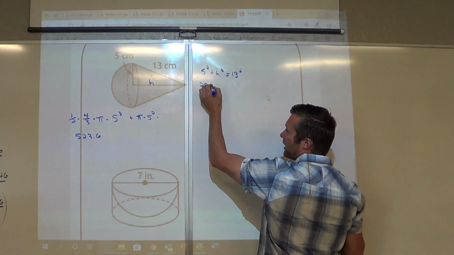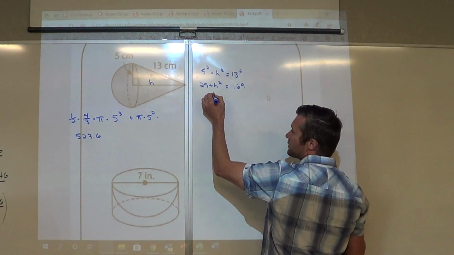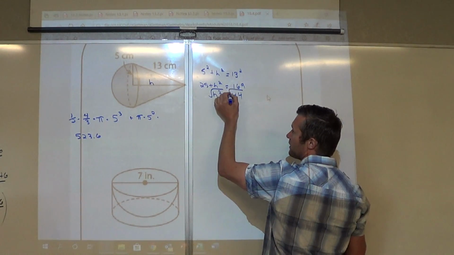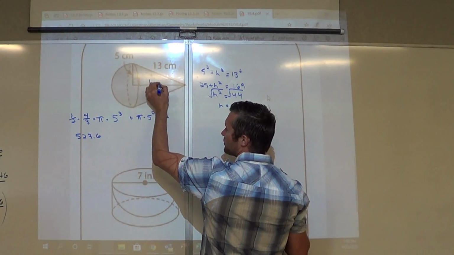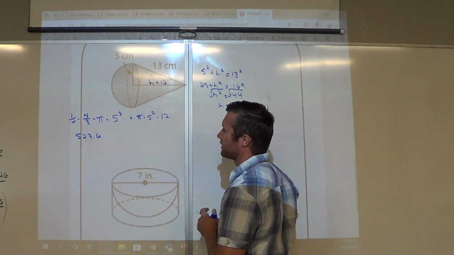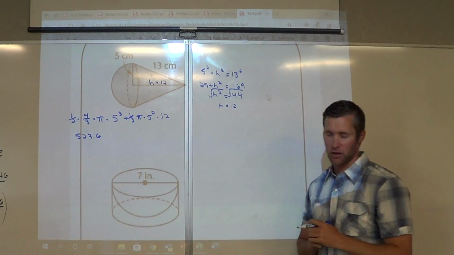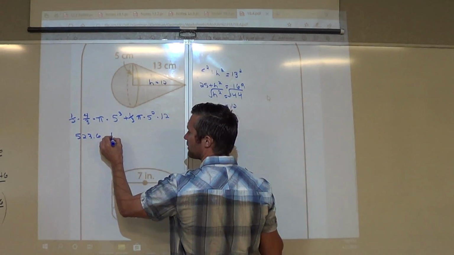So that'd be 25 plus h squared equals 169. Subtract 25, which is 144. Take the square root of that, which is 12. So we know the height is 12. Okay, and it's 1/3. So we go ahead and take 1/3 of that, and we get 314.2.